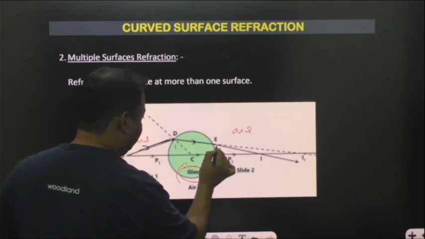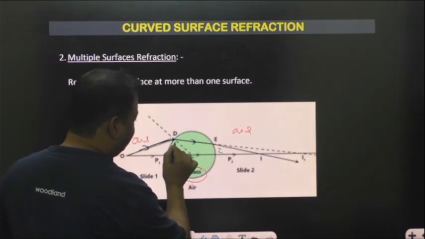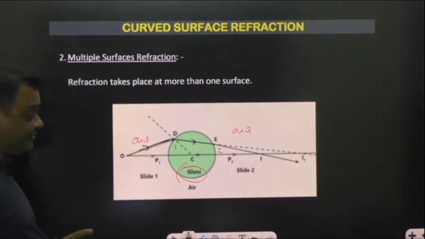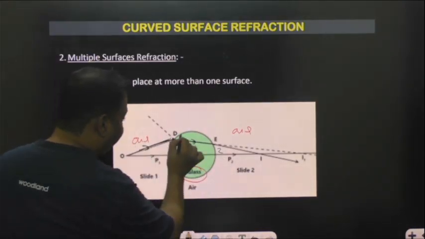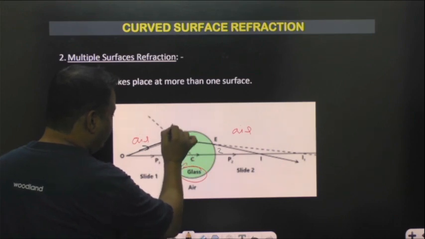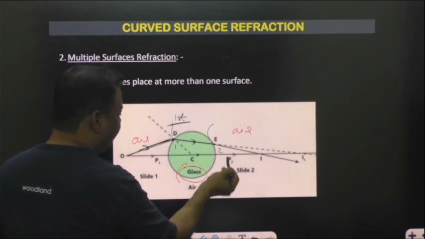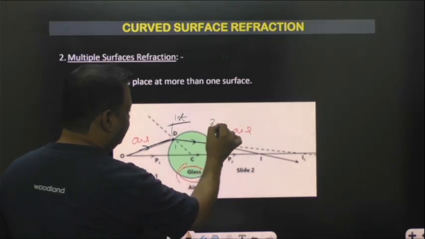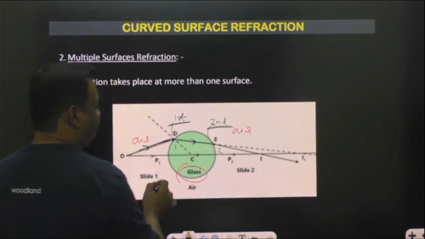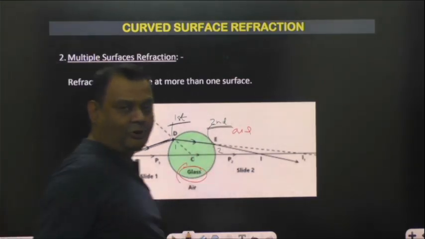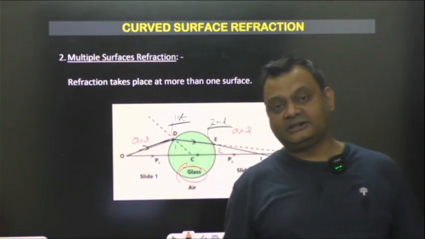Clearly you can see there are two refractions taking place. The first refraction is at the air glass surface and the second refraction is at the glass air surface. Such situations or problems will involve multiple refractions.